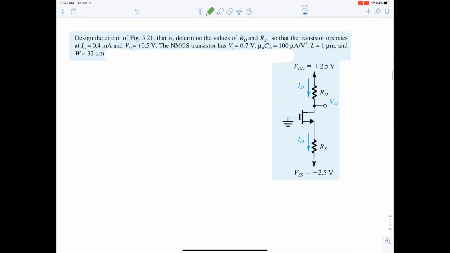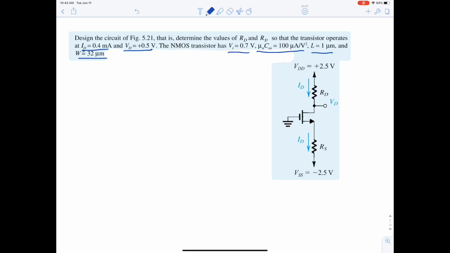Now, let's start analyzing MOSFETs. It says design the circuit in the following figure, which is this. Determine the values of RD and RS so that the transistor operates in ID equal to 0.4 milli. VD is this, and VT, mu NCOX, length and the width.